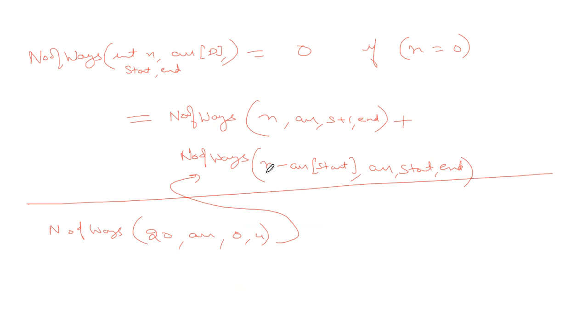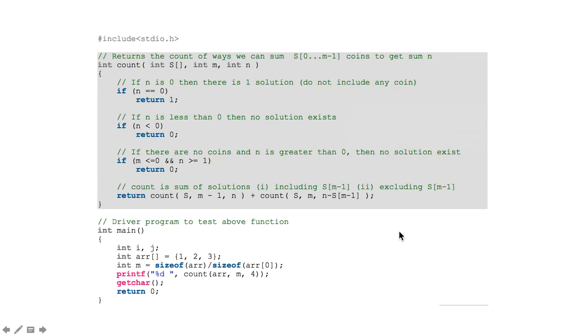Whatever is written here, just copy paste almost exactly. We have written the function declaration and the function definition. If n equals 0, then this. Else return number of ways n comma array of start plus 1. That's it. Okay, let's go next.